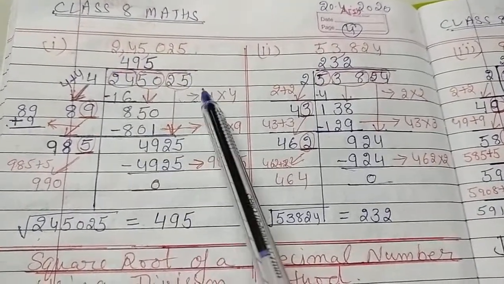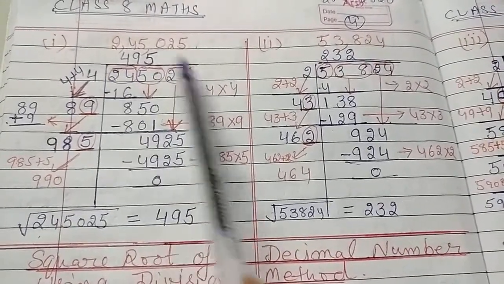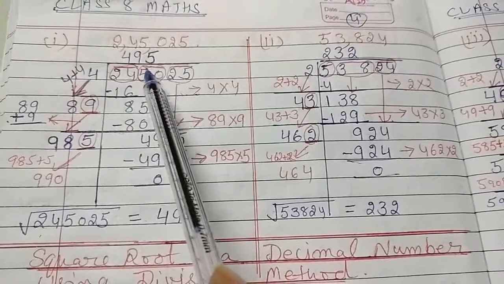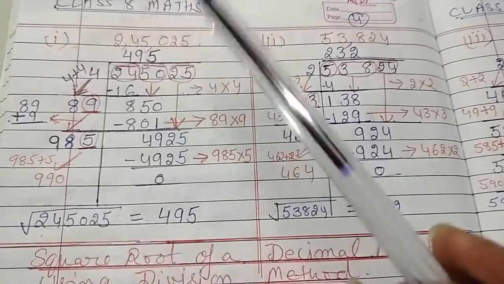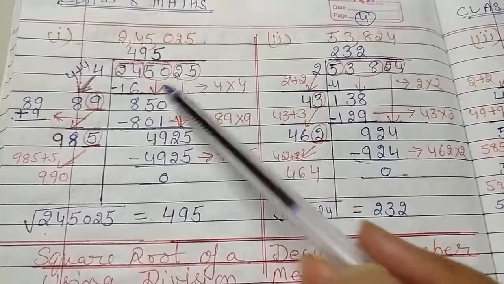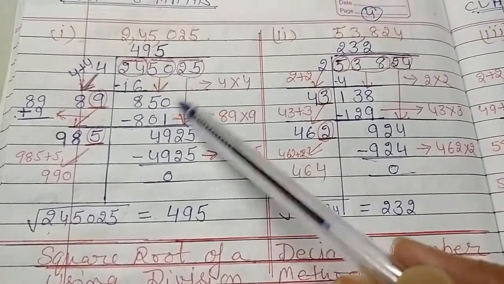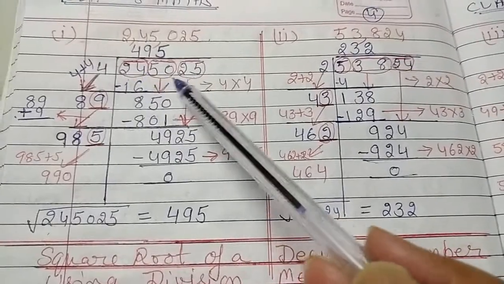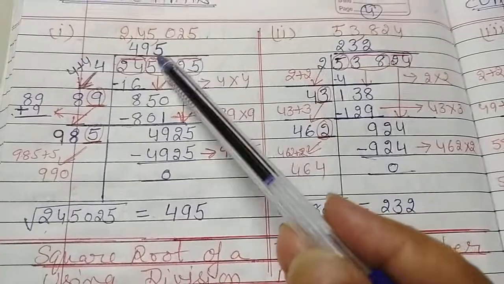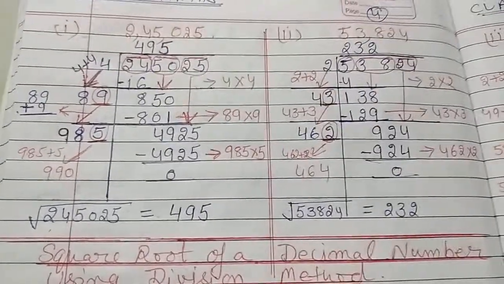From the back you have to start making pairs of the digits, like here I mark 25, 50, 24 with a line. If it is an even count of digits, you make equal pairs. Here I have 6 digits, so I make pairs like 25, 50, 24. Now concentrate only on 24.